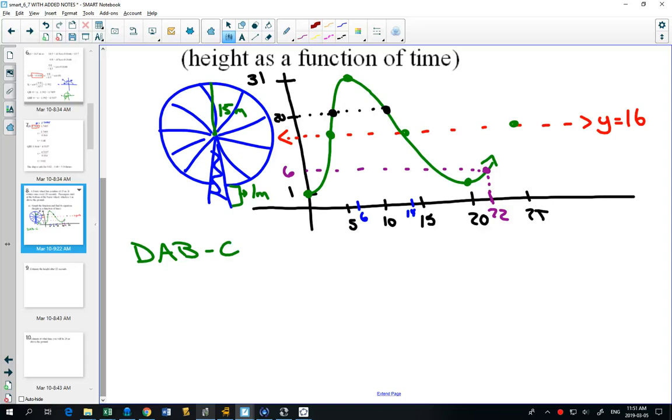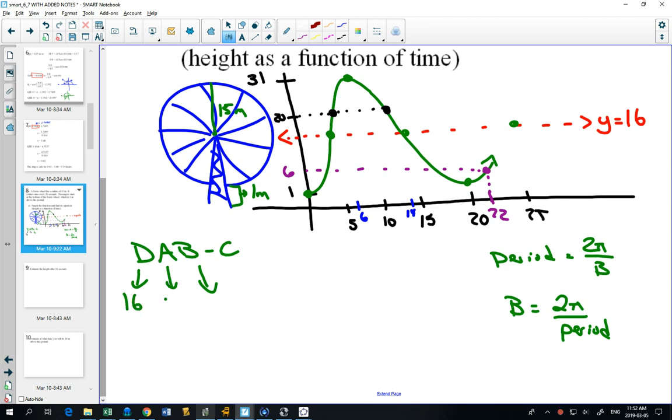Your b value can be figured out from your period, because your period is 2 pi over your b value. That means that your b value is 2 pi over your period. So in this case, my center line's at 16, my amplitude was 15, my b value will be 2 pi over 20, because my period was 20 seconds.